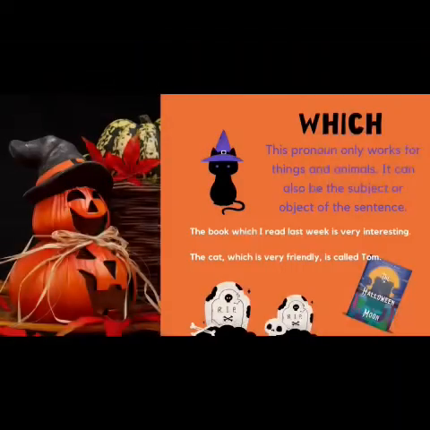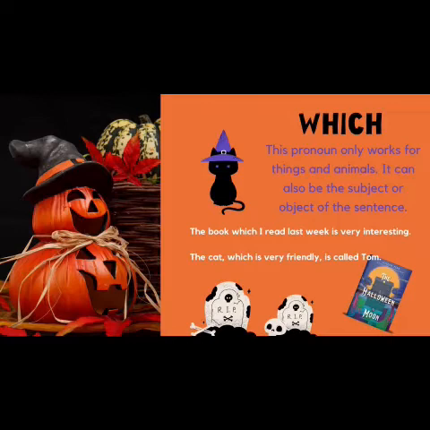Now here we have which. This pronoun only works for things and animals. Remember, only for things and animals. It can also be the subject or the object of the sentence. Let's see an example. The book which I read last week is very interesting.